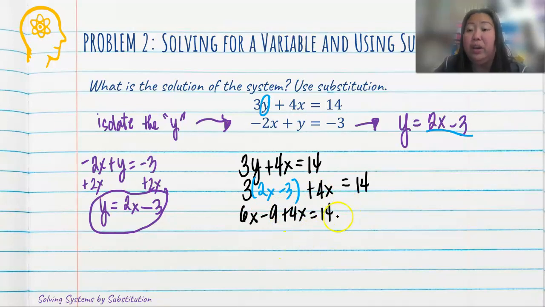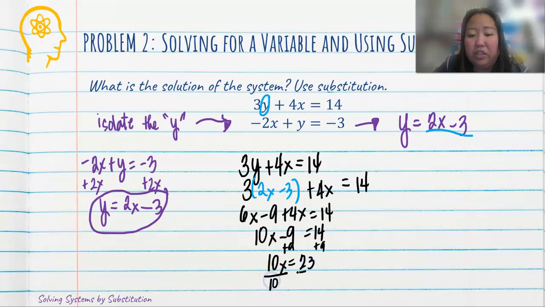Now definitely you can combine some terms here. 6x and positive 4x, that's going to be 10x minus 9 is equal to 14. All right, and now we have to transfer our minus 9. So we add 9 on both sides. All right, so we will have 10x is equal to 23. Divide both sides by 10.